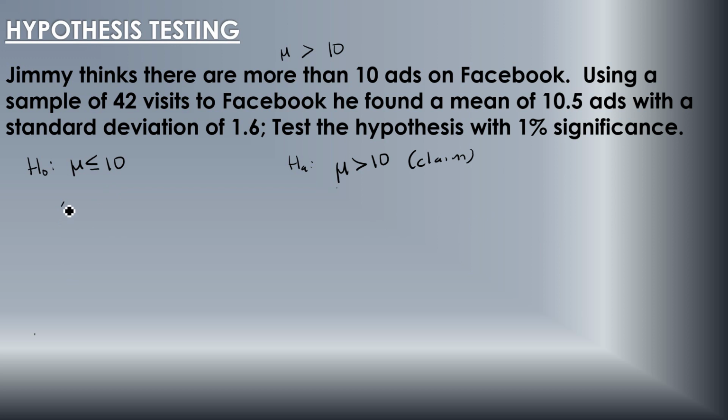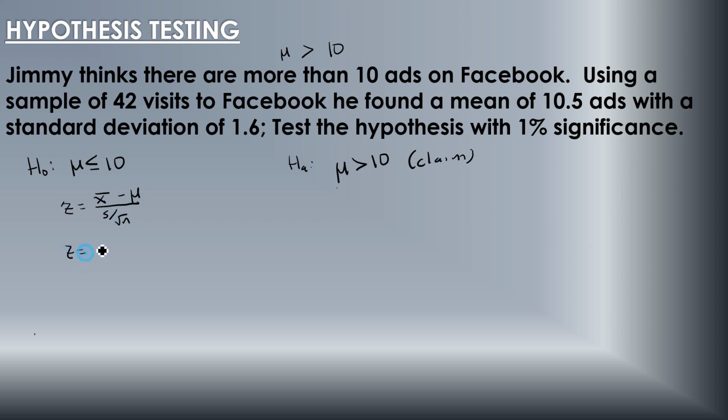Okay, so second step, we are going to now find our z-score for the claim. So this is our claim z-score, and our formula is going to be x bar minus mu all over s divided by square root n. S is our sample standard deviation.